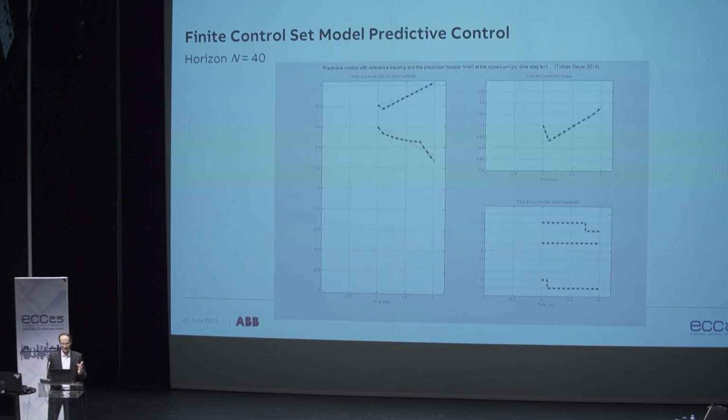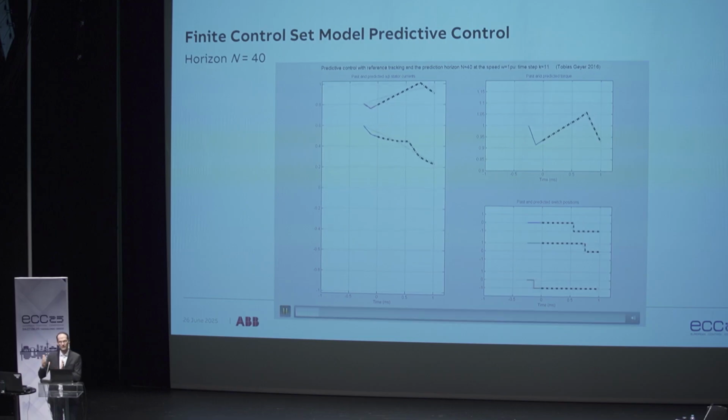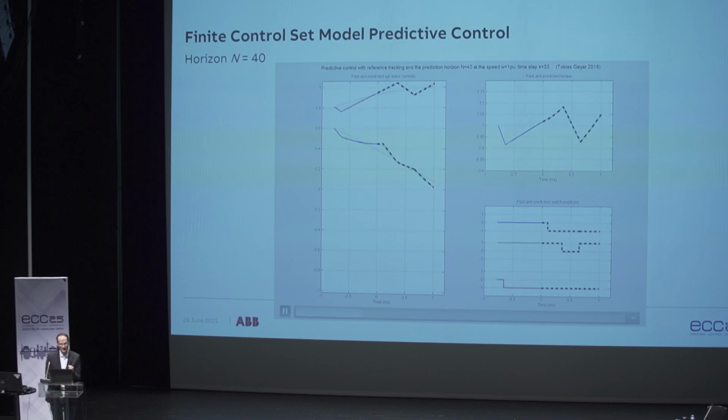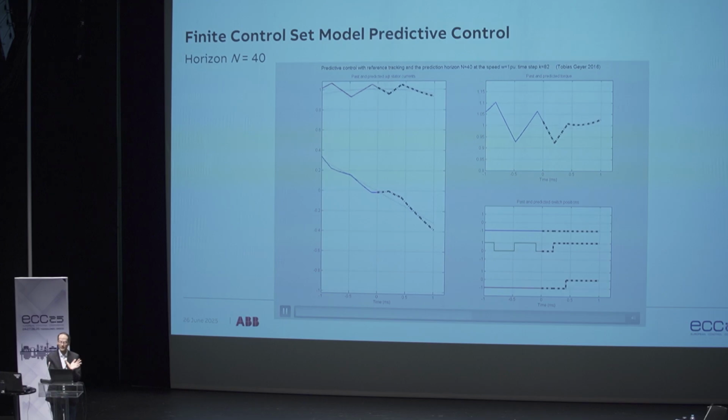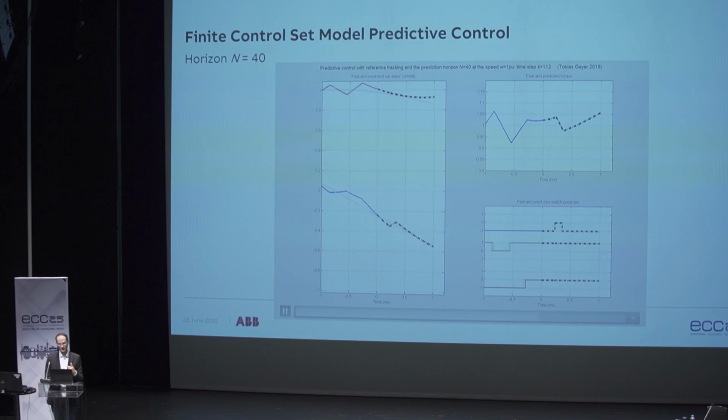Now you can push that maybe a bit to the extreme. So this is an example where you have a horizon of 40. So you have 25 microsecond sampling interval, you have a prediction and control horizon of 40 steps. So we're looking 1 millisecond ahead. You see here the currents in the orthogonal coordinate system we're trying to track. You see the torque that results from the currents, and you have the switch positions down here.